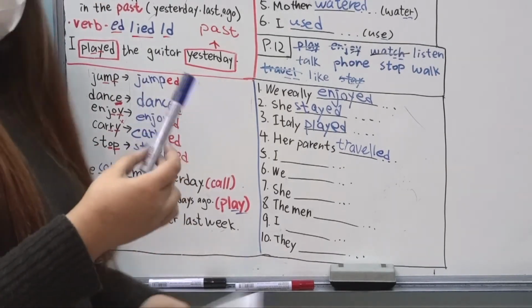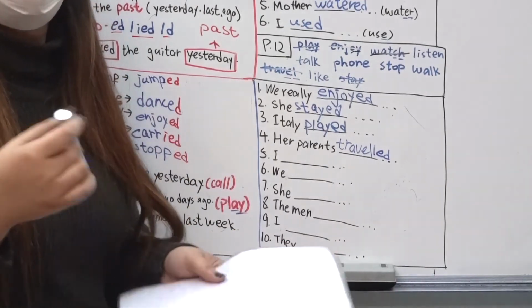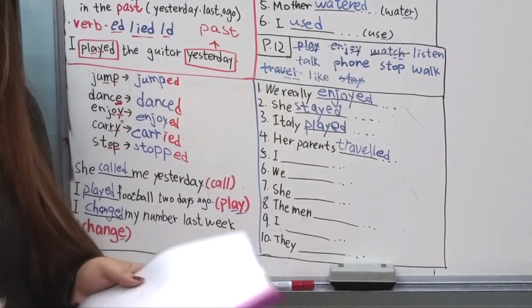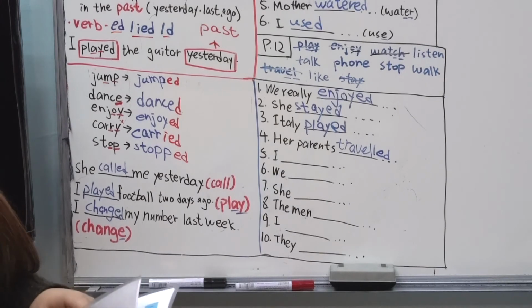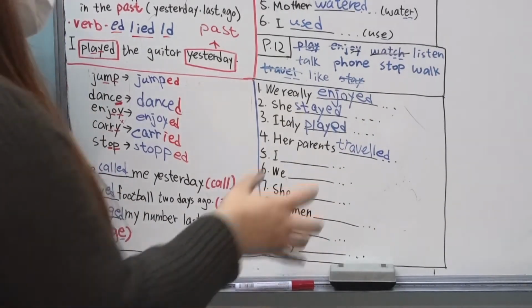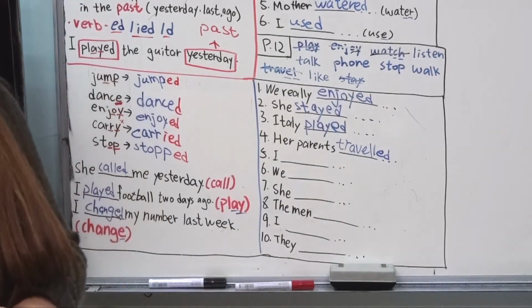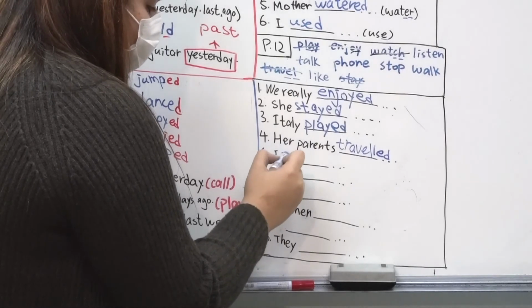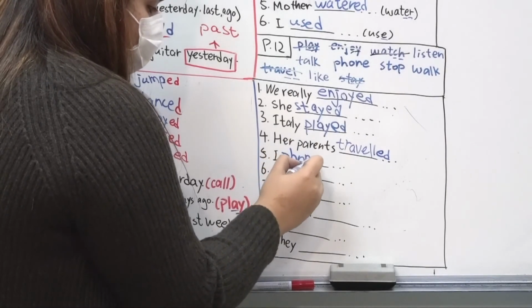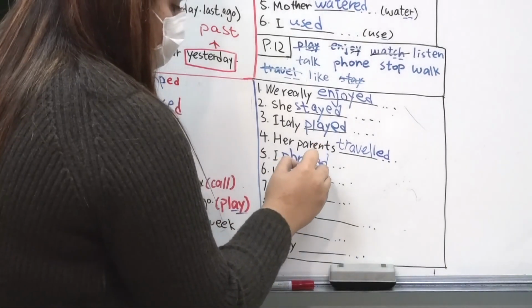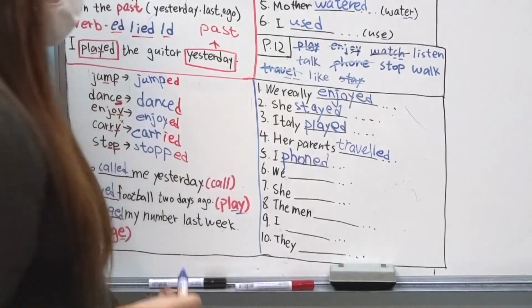To find out if she is at home or out so you can talk to her, right? So is there any word related to call? Phone, right? So phone ends with the letter E. What we have to do if the verb ends with letter E, we have to add D. Simple as that. Yeah. Okay?